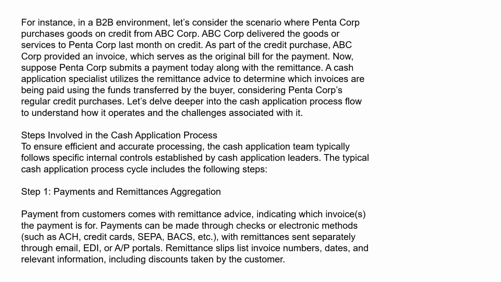ABC Corporation provided the invoice and the bill for the payment. Now, Penta Corporation should submit the payment with the remittance. The cash application specialist utilizes the remittance to determine which invoices are being paid for by the funds transferred by the buyer. So what are all the steps involved in the cash application process?